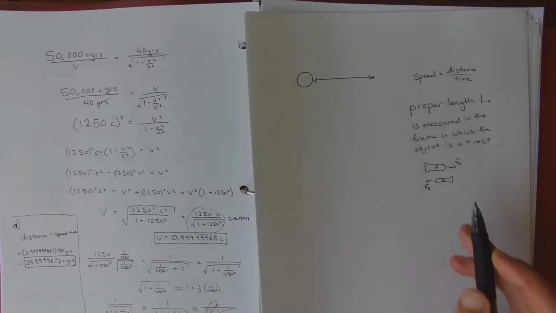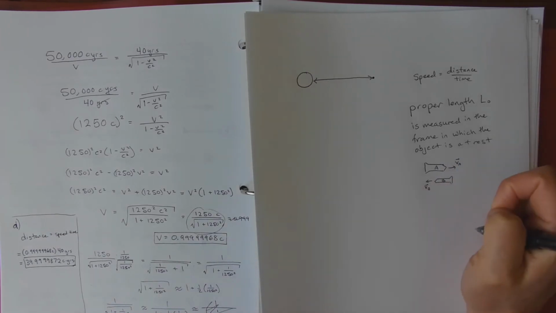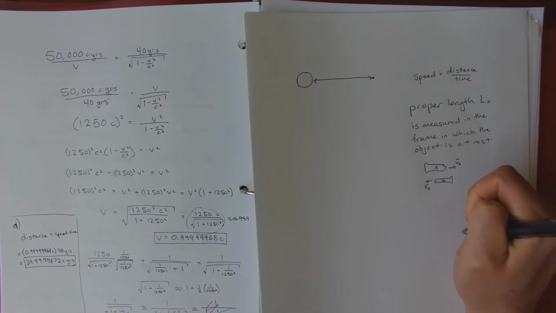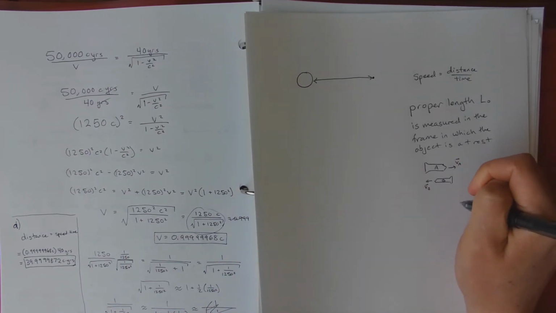Which also means, suppose both of these spaceships start off at rest, and when they're at rest, they have the same length. Then the spaceships start moving, and sometime later they're passing each other. If you're in spaceship A looking at spaceship B, you are going to say spaceship B is smaller than your own spaceship. However, someone in spaceship B would look at spaceship A and say that spaceship A is smaller.